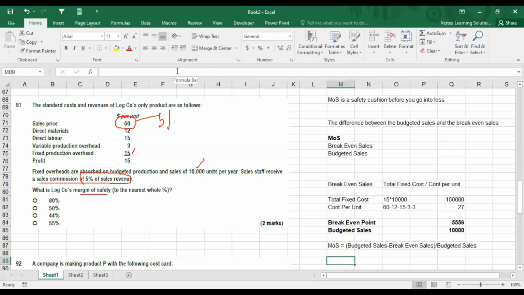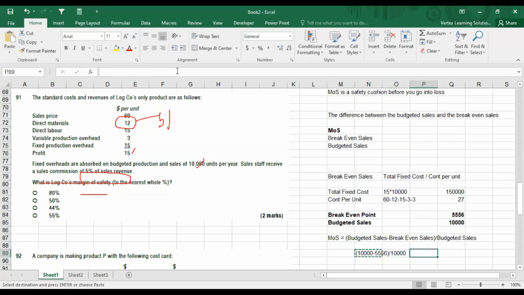So I should be doing 10,000 minus 5,556 divided by 10,000. So this is going to give you the answer.